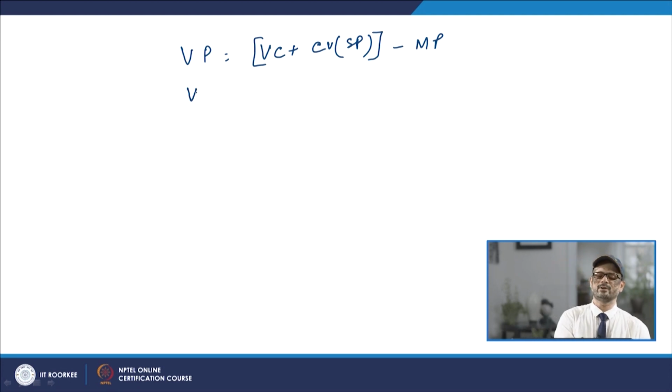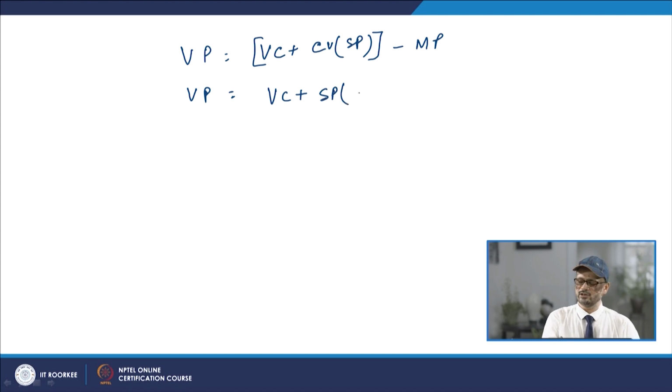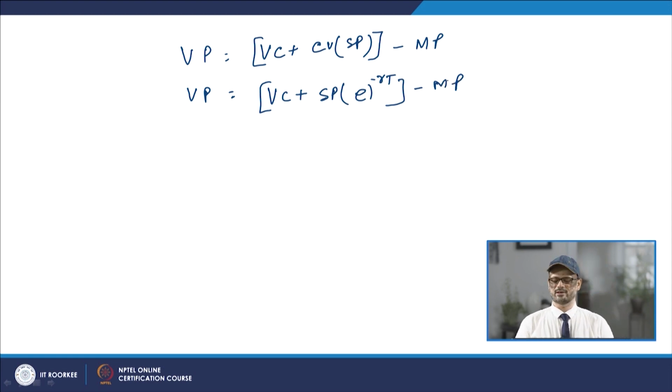For finding the current value under continuous compounding, you multiply by a factor: Vc plus Sp into e raised to the power minus Rt, because it is continuous compounding, and from that you subtract the market price. This way you are able to calculate the value of the put.